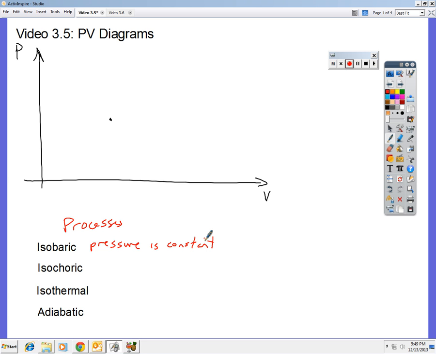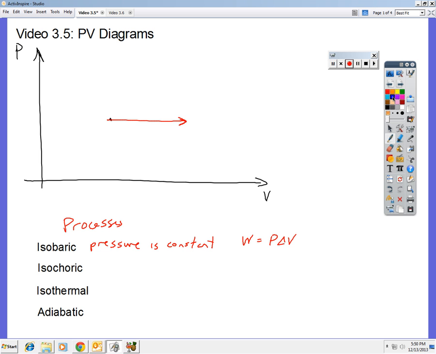It's the root of barometer, that which measures pressures, or bars. In an isobaric process, the pressure stays the same, and so that is represented by a horizontal line. Now, the useful thing about isobaric processes is that the work done is equal to P delta V. They're the only ones where you can use that equation.